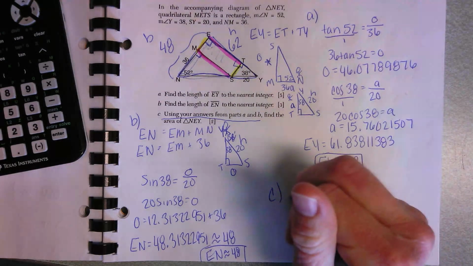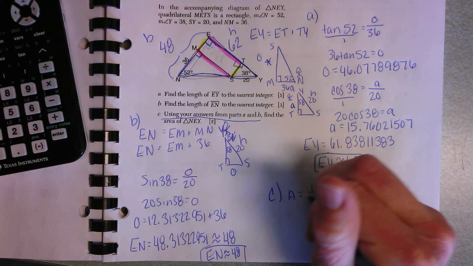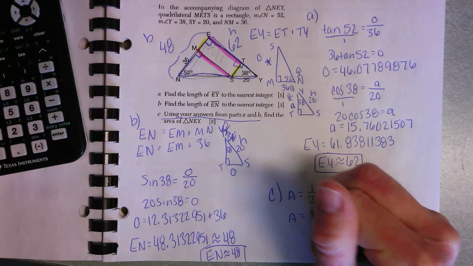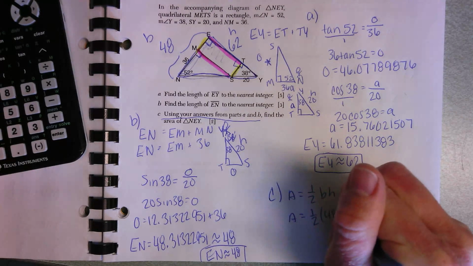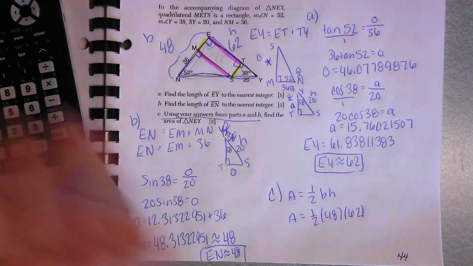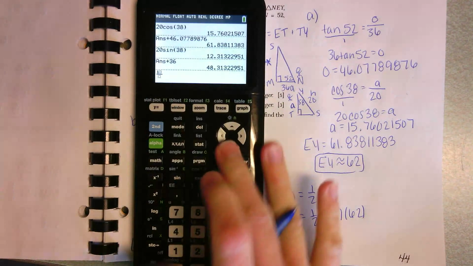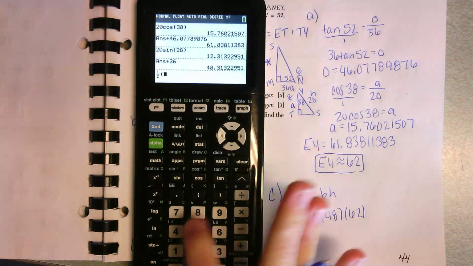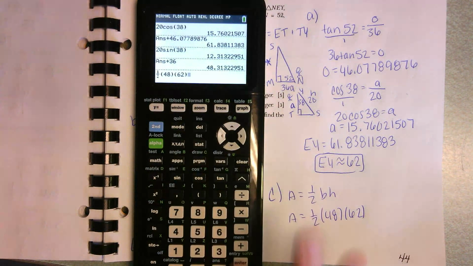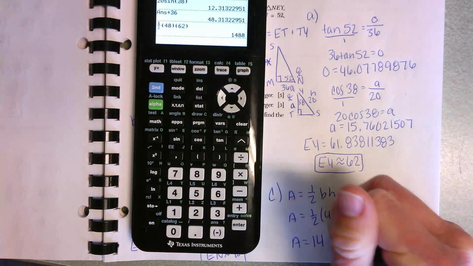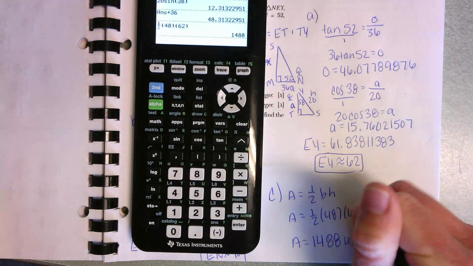The area, as we all know, is 1/2 base times height. So our area is equal to 1/2 times 48 times 62. So the area is equal to 1488 units.